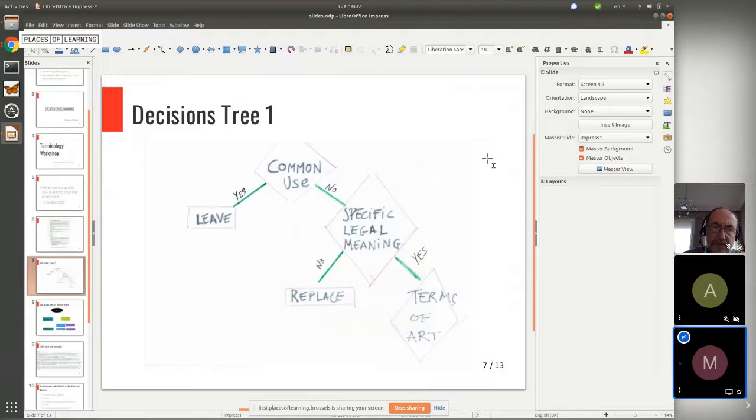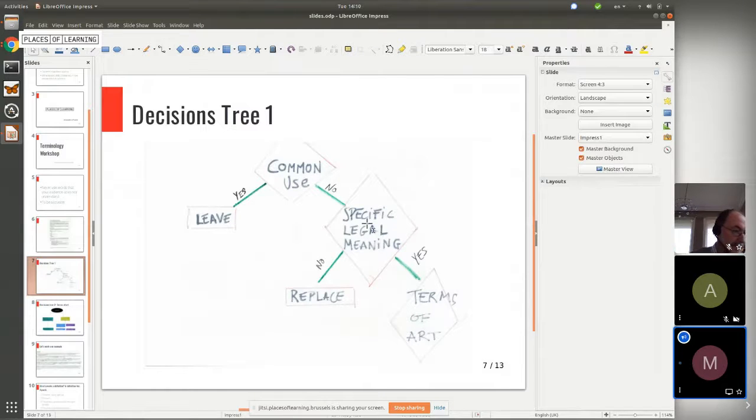So this is a word that is not commonly used. Then the next question that we ask is, does this word have a specific legal meaning? If the answer to this question is no, then we replace the word.